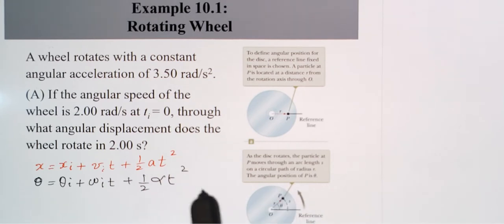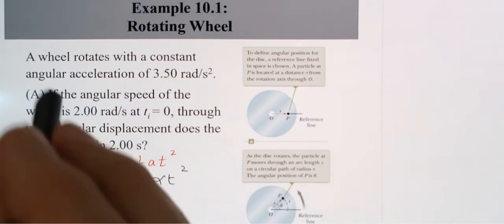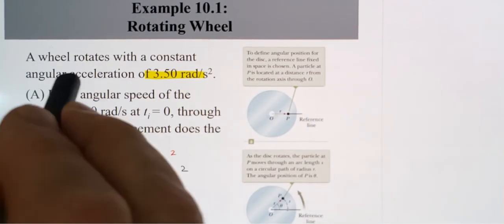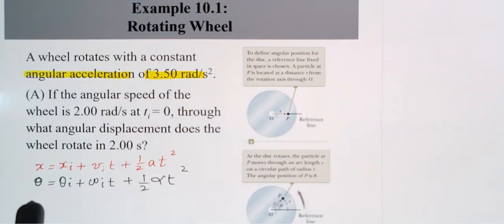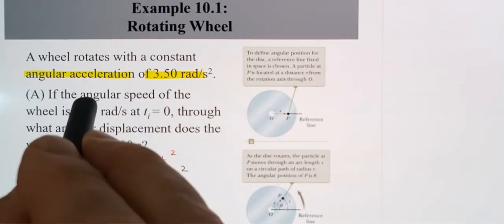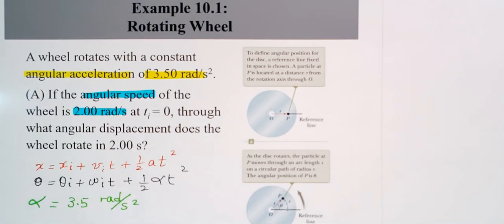Okay, what is the information given for us? Well, the first one is the angular acceleration, alpha is equal to 3.5 radians per second squared. What is the second information? Well, the angular speed omega is equal to 2 radians per second.